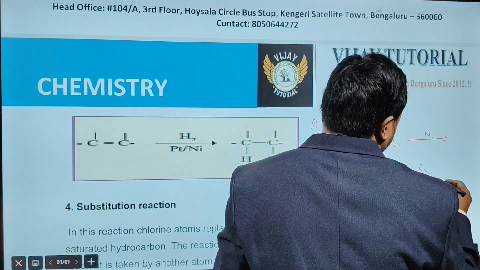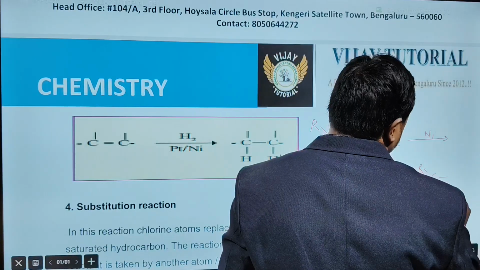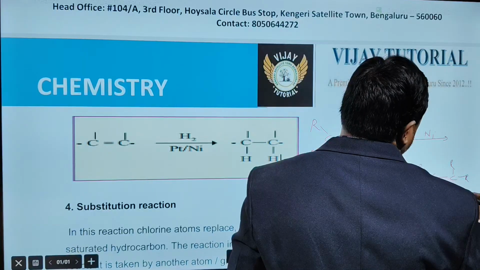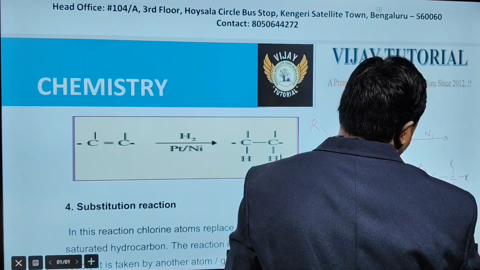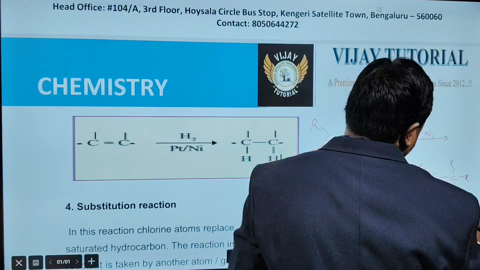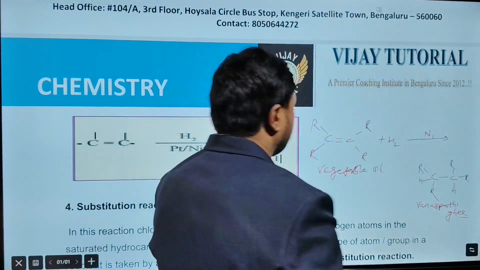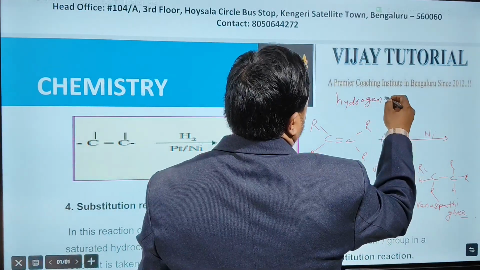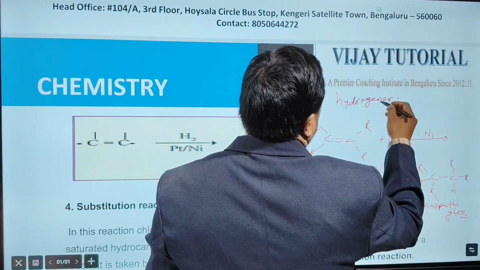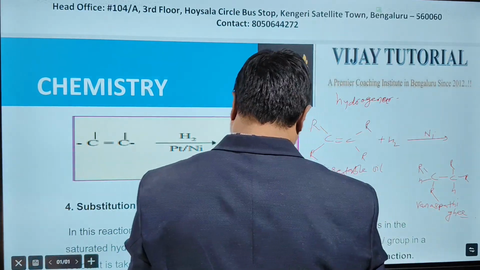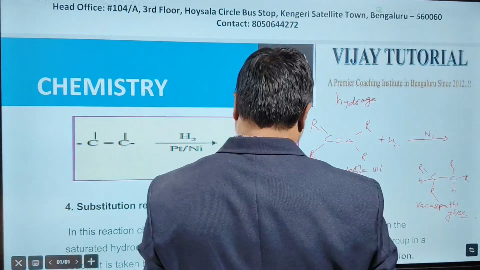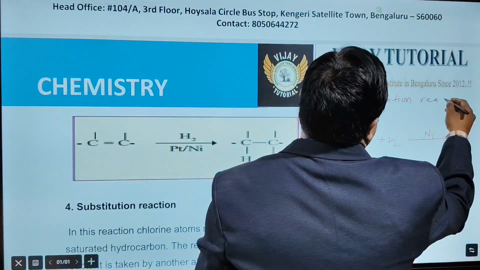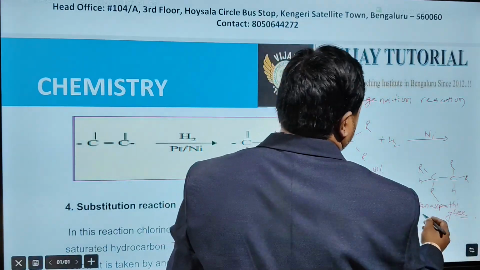So it converts like this into vanaspati ghee. This is called the hydrogenation reaction, the reaction in which vegetable oil is changed into vanaspati ghee.